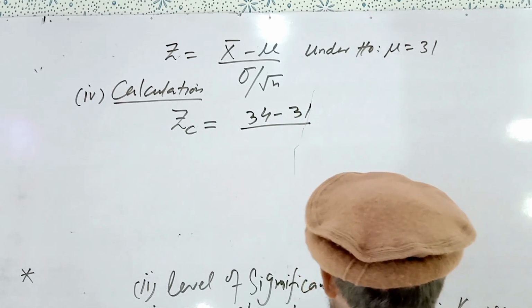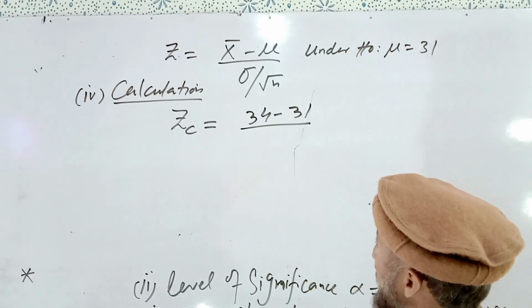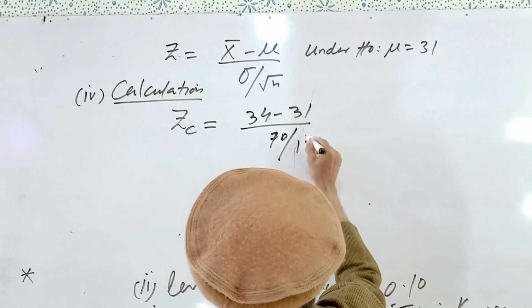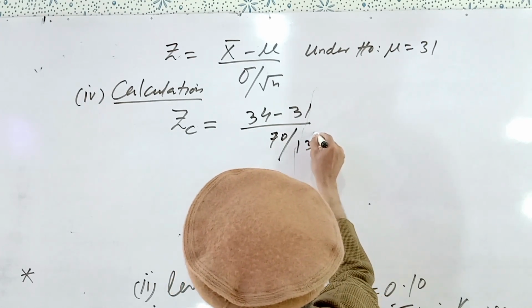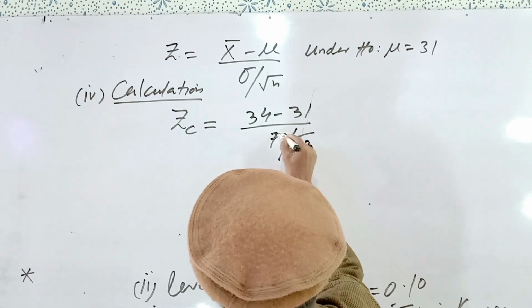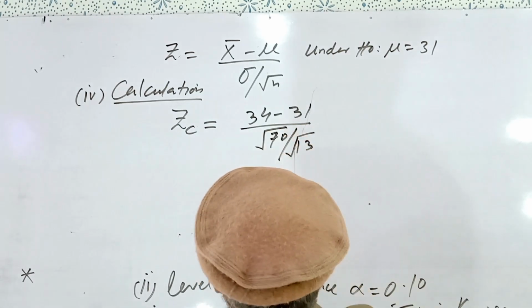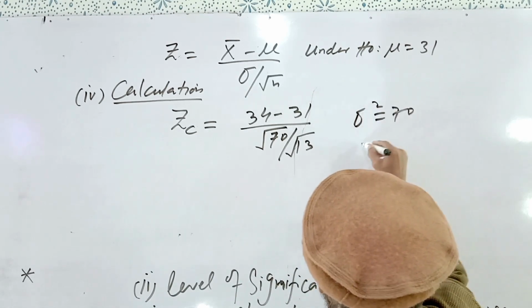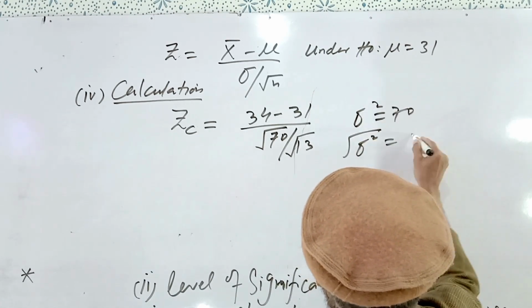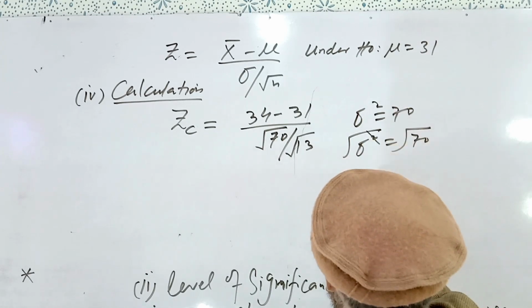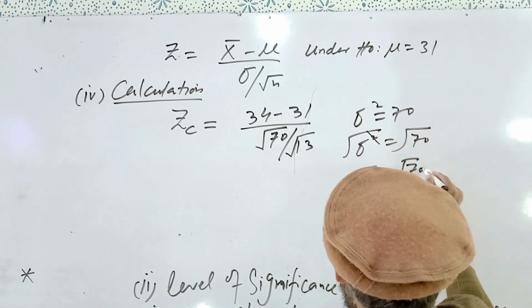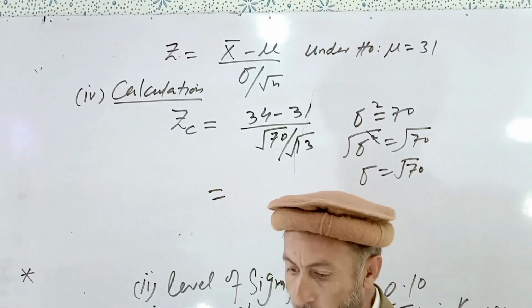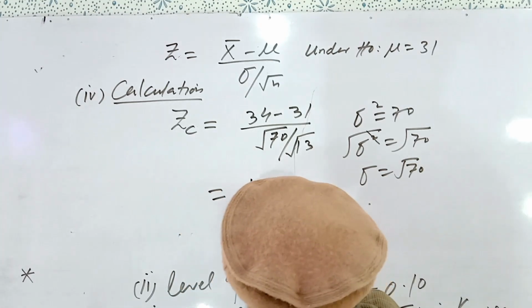Here sigma square is given as 70, so taking the square root on both sides, sigma is root 70. If we calculate this result by calculator, we get 1.29.